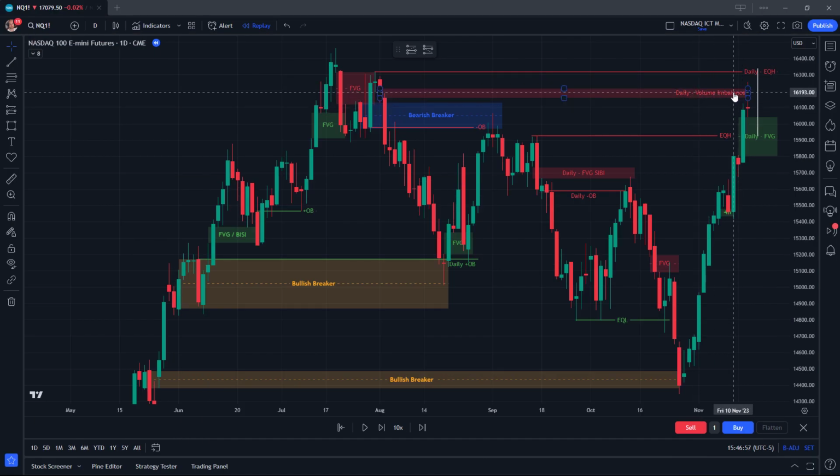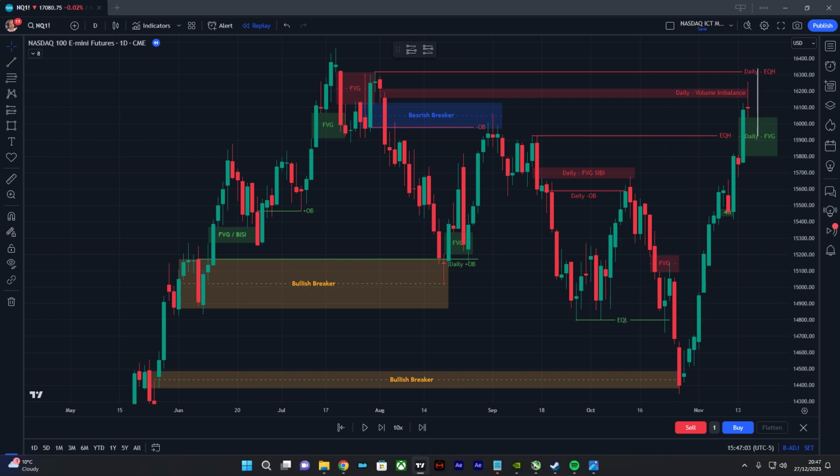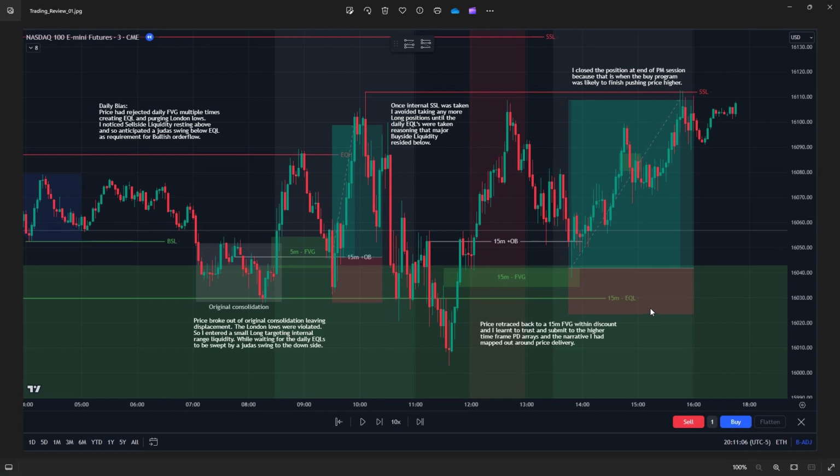So we were rejecting off here, coming into this daily fair value gap, creating equal lows, and that gave us a sort of bullish bias, or a suspicion that price was going to respect that fair value gap, based on two things: the daily fair value gap, and also lots of equal lows formed over 3 days.